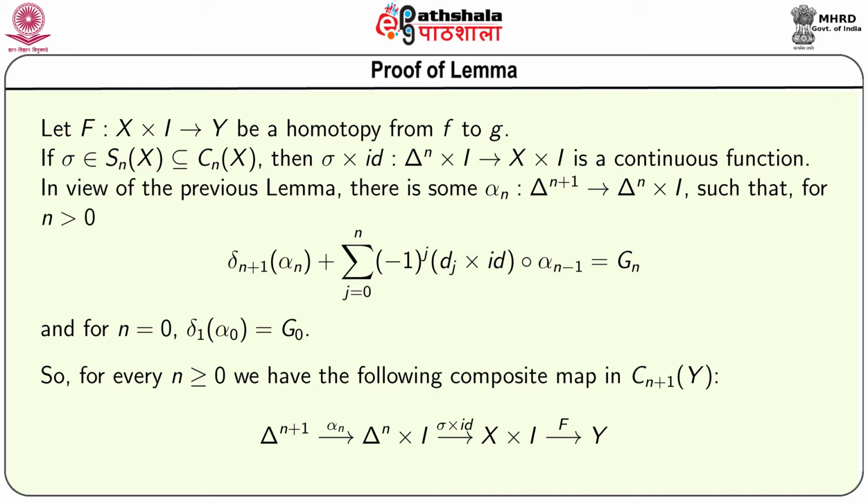So, for every n greater than or equal to 0, we have the following composite map in Cn plus 1 y. The map is capital F composed sigma times identity composed alpha n.